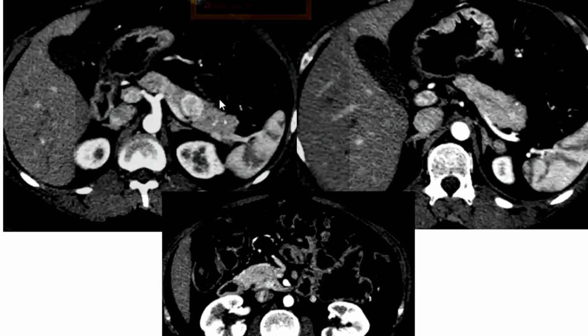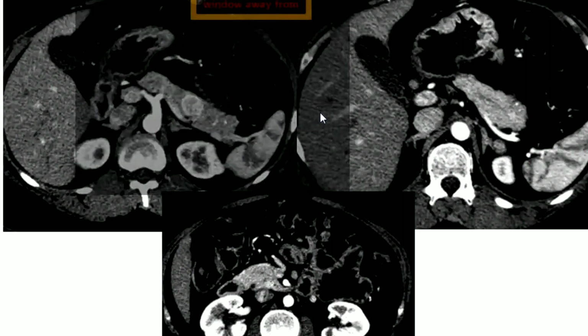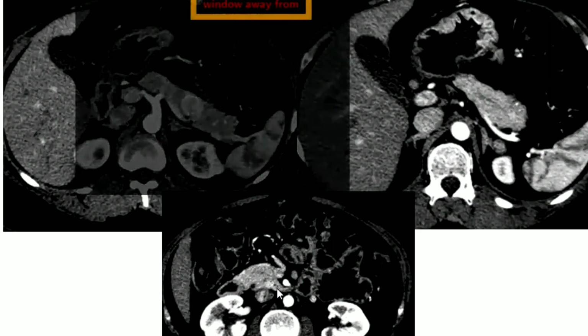So this combination of findings is compatible with Zollinger-Ellison syndrome, and usually gastrinoma is located in the duodenum, most common, or pancreas, less common. Okay?